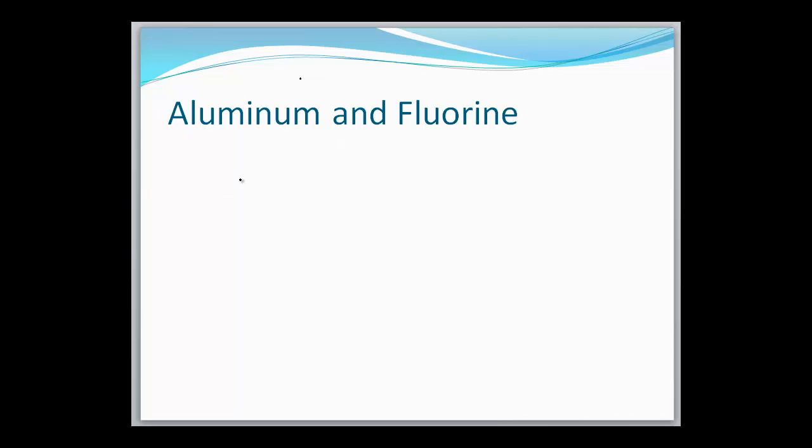Okay, so let's take a look at aluminum and fluorine. If you look at your periodic table, you know that aluminum has 3 valence electrons. Fluorine has 7 valence electrons, just like chlorine. So we're going to transfer 1 to that fluorine, and as you can tell, we're going to need 2 more fluorines. We'll transfer 1 to that one and 1 to that one.